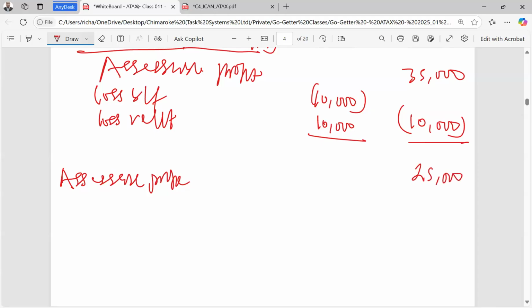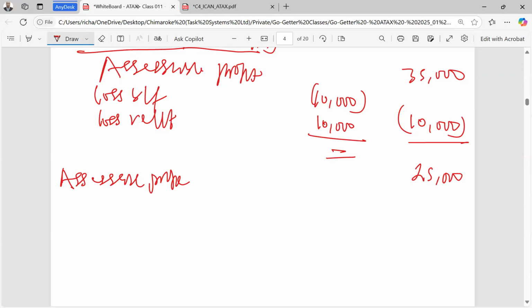Assuming there was capital allowance, that is when capital allowance will start breathing a sigh of relief that they can now start eating their dividends. Because all this while, capital allowance has been enduring patiently, being carried forward, lumping them up to this point. They will now say, let me eat from this 25,000. All right. And now there will be no loss to carry forward. So no need to write loss carry forward because it has been cleared here.